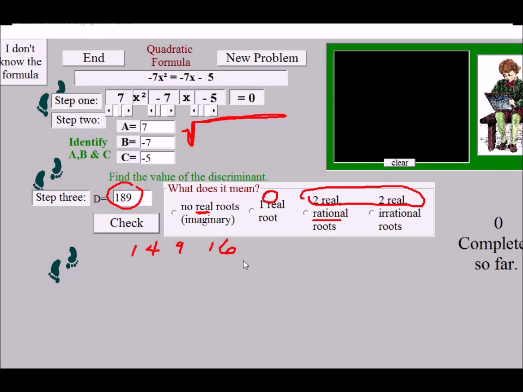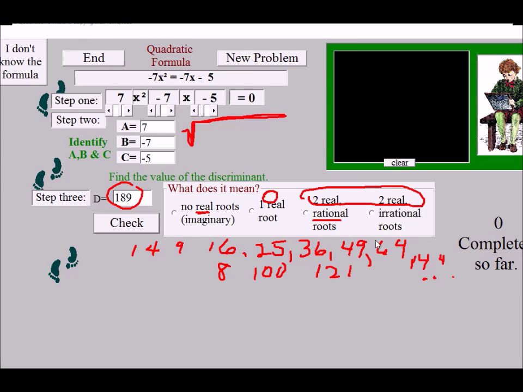It's not a perfect square. 4, 9, 1 squared, 2 squared, 3 squared, 4 squared, 25. 5 squared, 6 squared, 36. 7 squared, 49. 8 squared, 64. 9 squared, 81. 10 squared is 100. 11 squared, 121. 144. And I don't know the ones after that. But I think if it's not one of those perfect squares going on forever and ever, then it's irrational.